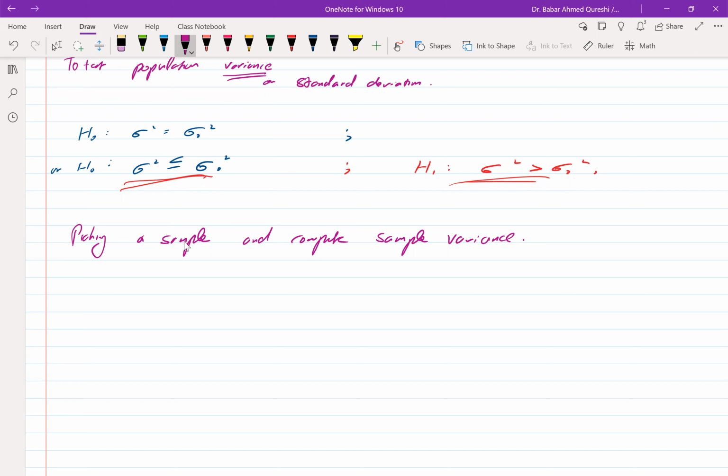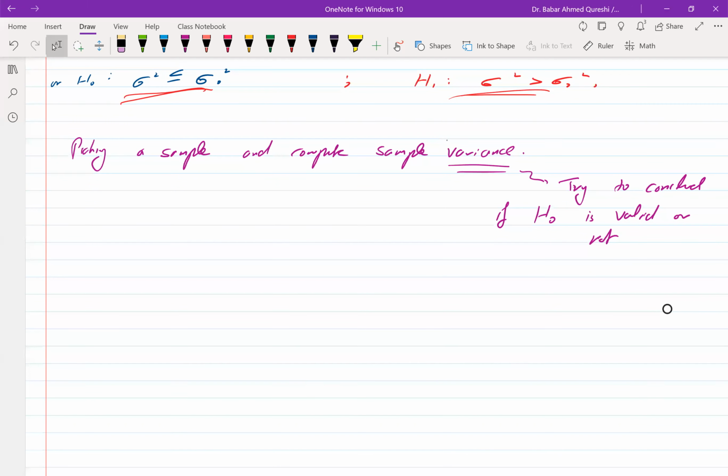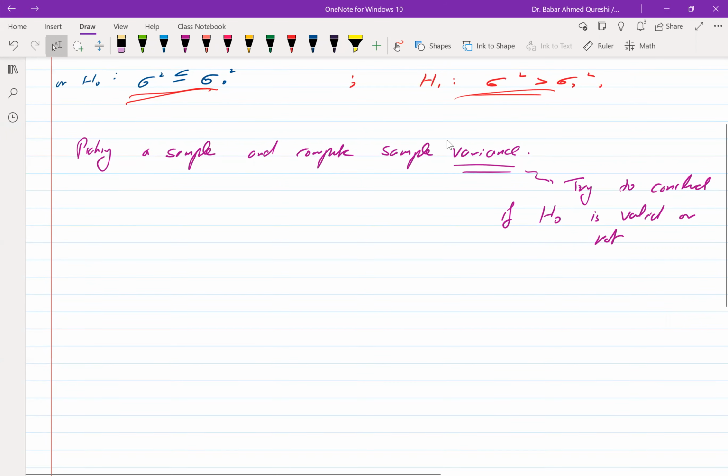So you pick a sample and compute sample variance, and from this try to conclude if H naught is valid or not.